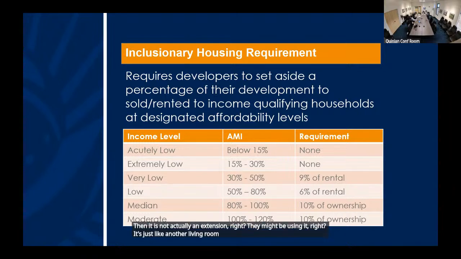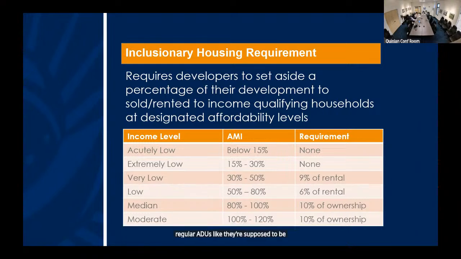Another interesting thing about the ADUs is that even notwithstanding that particularly awful problem, even if they were all regular ADUs like they're supposed to be, they are counted for below market rate in the RHNA by a percentage. A percentage of them are considered below market rate and a percentage of them are considered market rate.